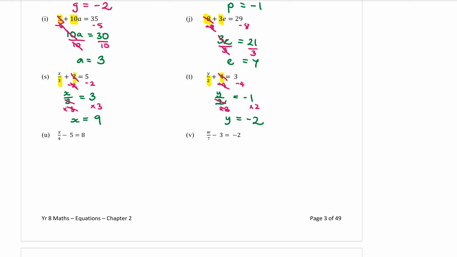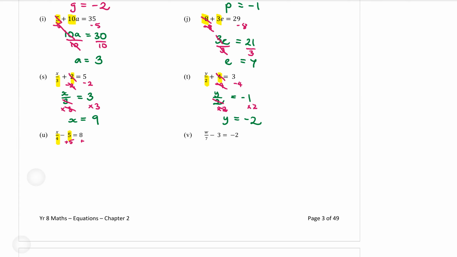All right, we're almost to the end here. U, we have x over 4 take away 5. So the x has been divided by 4 first, then we take away 5. So in reverse order, I want to add 5, so doing the opposite to both sides. Cancel the 5s off.